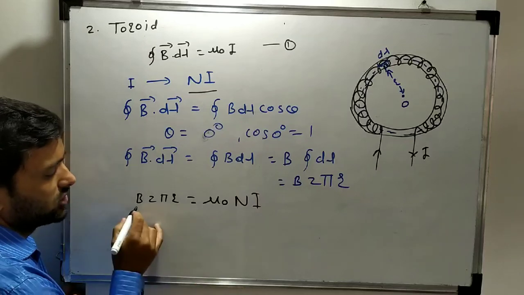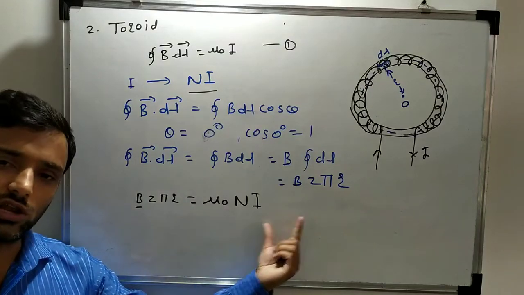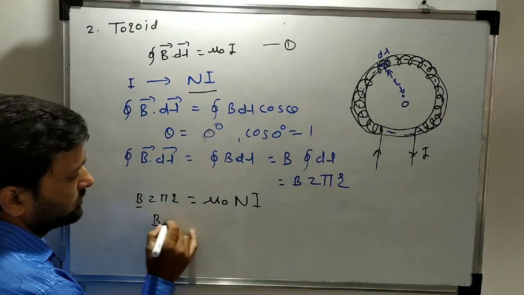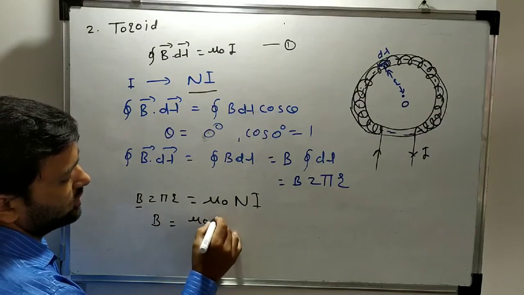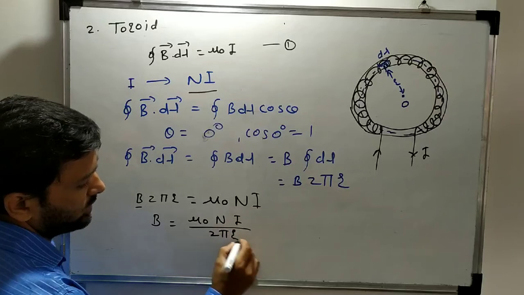What is the target? To determine the magnetic induction along the axis of the toroid. So send the 2 pi R to the right side. What will happen? B is equal to mu naught N I upon 2 pi R.